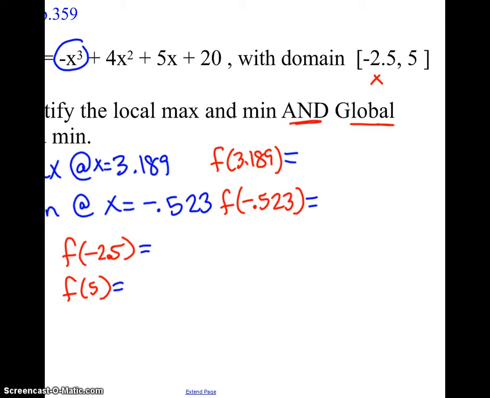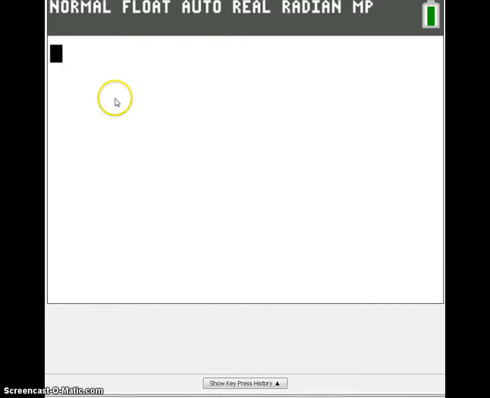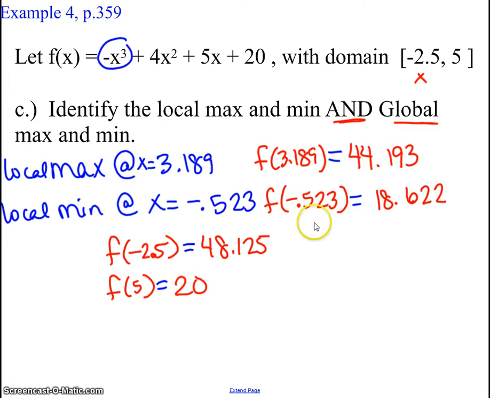Going back to my calculator, I'm going to substitute into y1, so exit the graphing screen. You don't even need to graph it. And go ahead and find those values. As you calculate those, I just went ahead and did it here. We find that the y values are as follows.